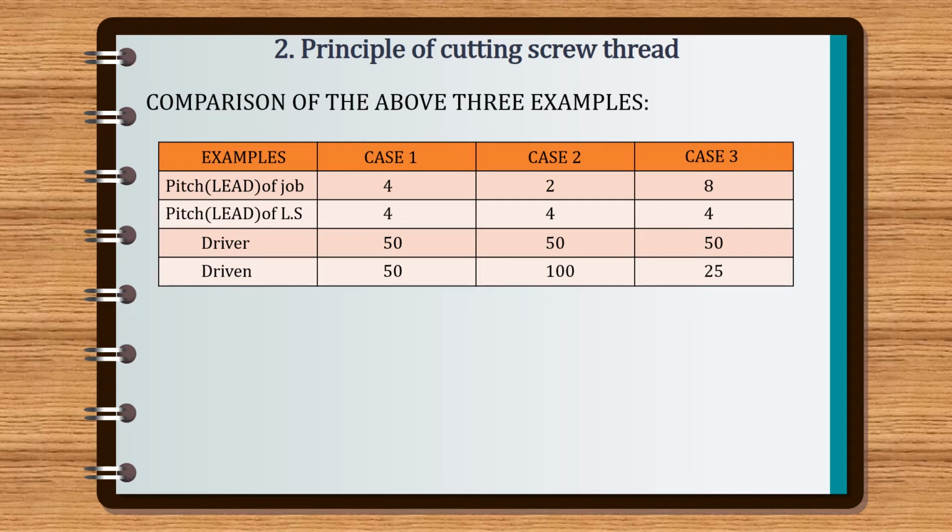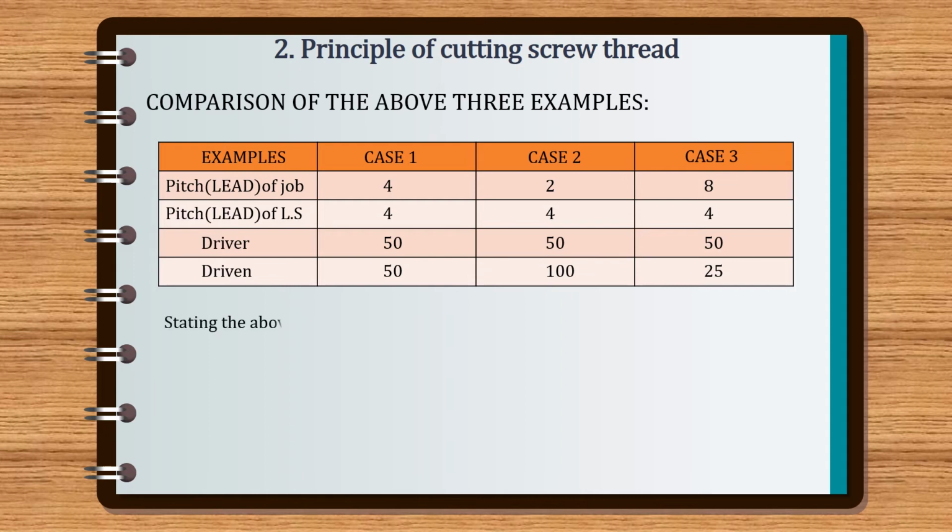In case 2, pitch of job we need is 2 mm, and pitch of lead screw is 4 mm, so the driver wheel has 50 teeth, and the driven wheel has 100 teeth. In case 3, pitch of job we need is 8 mm, and pitch of lead screw is 4 mm, so the driver wheel has 50 teeth, and the driven wheel has 25 teeth.